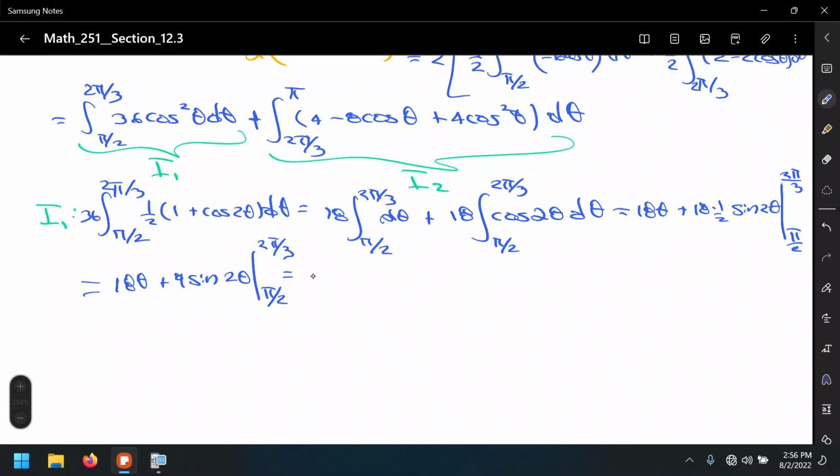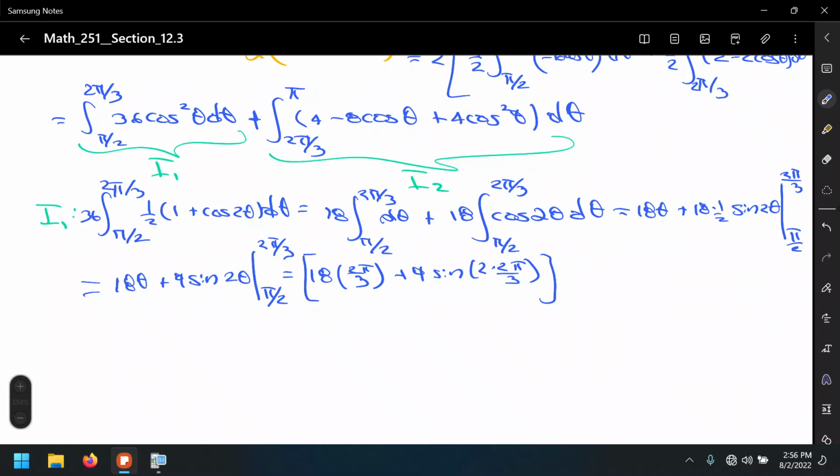This will be equal to 18 times 2 pi over 3 plus 9 sine of 2 times 2 pi over 3. Be careful with the coefficient inside of the angle. That's 2 times 2 pi over 3. That's evaluating the upper limit using the fundamental theorem of calculus.